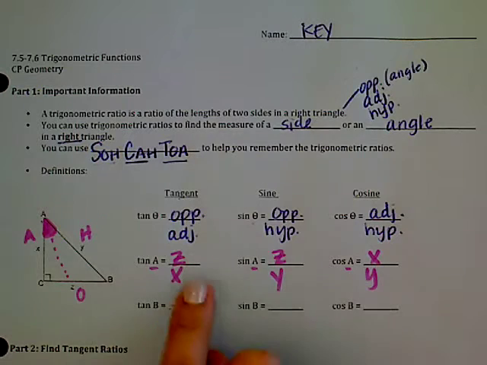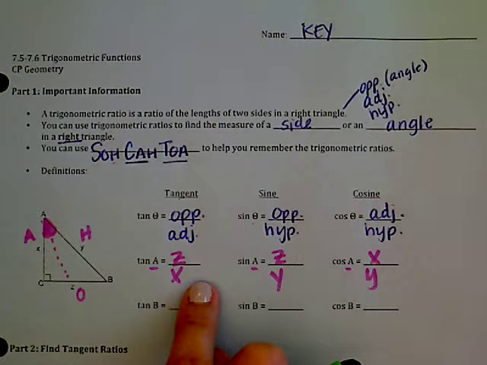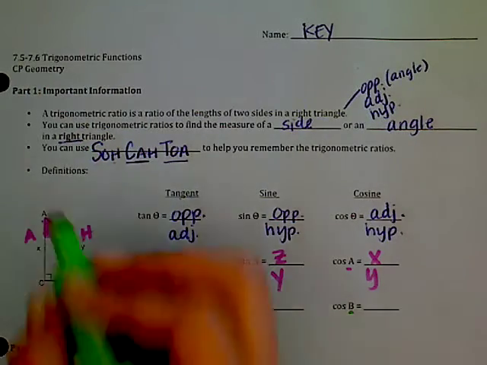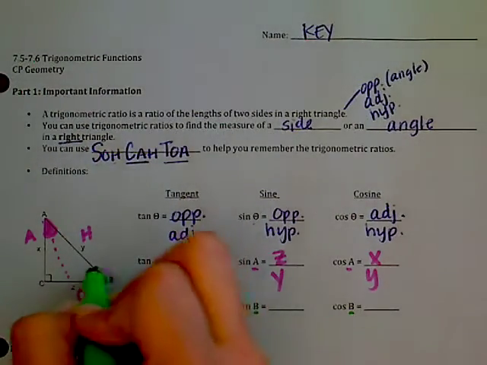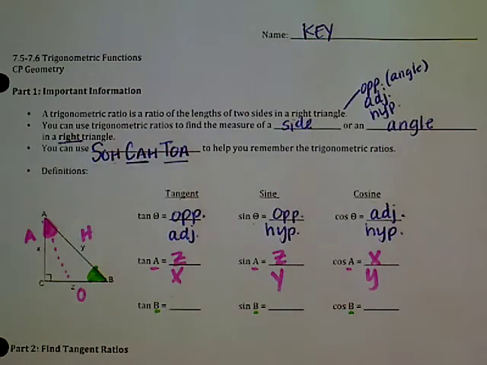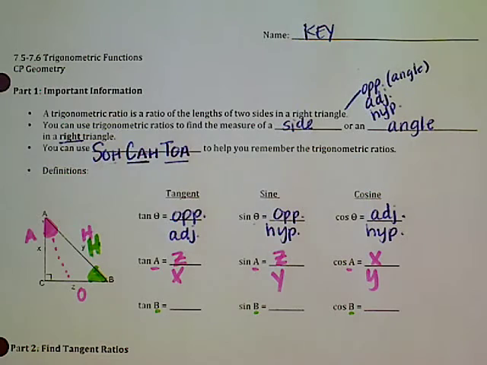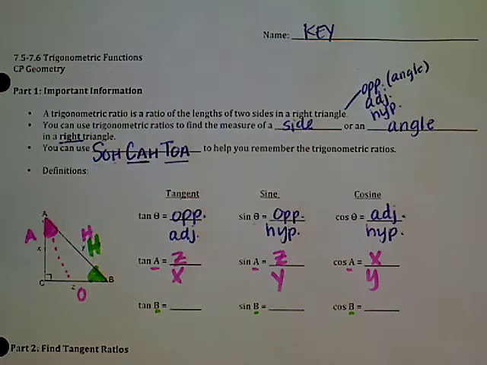Now the only time these ratios change is if you're looking with respect to a different angle. It's almost like you're looking from a different perspective. So now if we do B, and we highlight angle B, we have to figure out what its sides are. H is always going to be the same. That never changes. It's not like the H moved or anything, so it's going to be the hypotenuse.